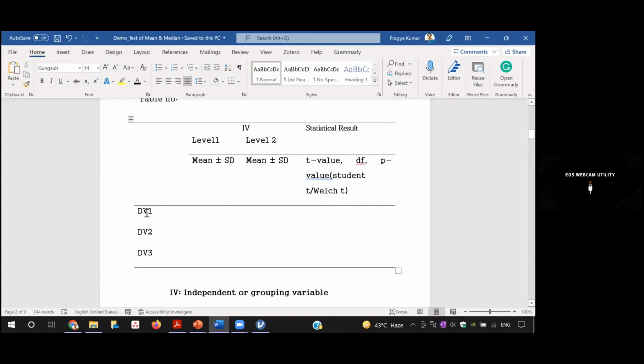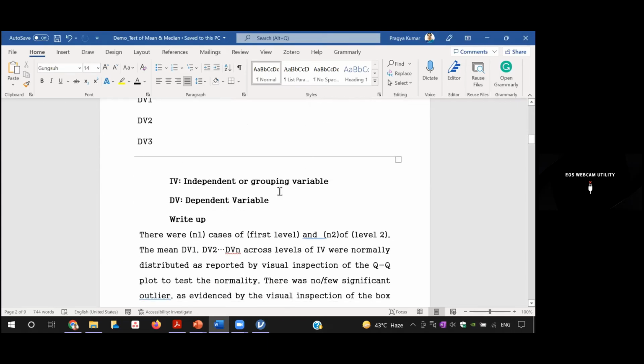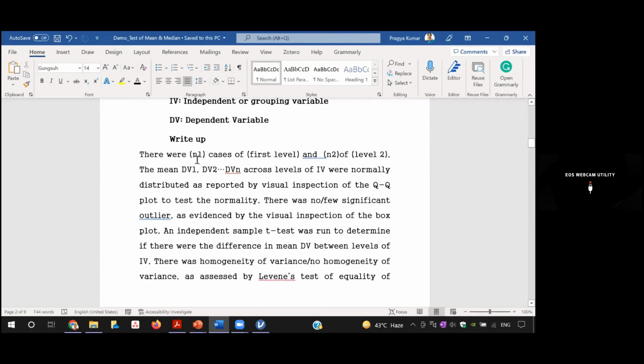Depending on whether you want to take 1, 2, 3 or n number of dependent or scale variables, you have to report the descriptives in the form of mean and standard deviation between these two groups. You have to write the value of T, which can be Student's T or Welch's T depending on the Levene statistic, its degrees of freedom and p value.